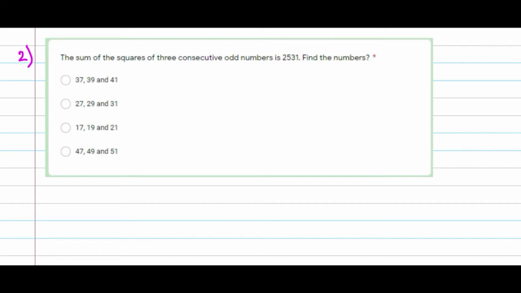The second question is, the sum of squares of three consecutive odd numbers is 2531. Find the numbers. Sum of squares of three consecutive odd numbers. So let me take the odd numbers as x, x plus 2, x plus 4. So these are the consecutive odd numbers. Sum of the squares. So let me take them square, square and square, which is equal to 2531. So this is the equation.